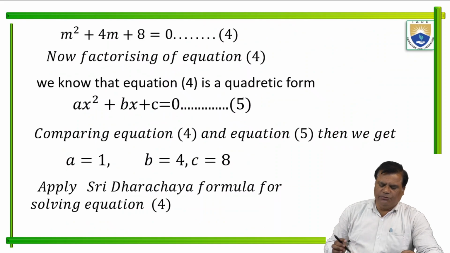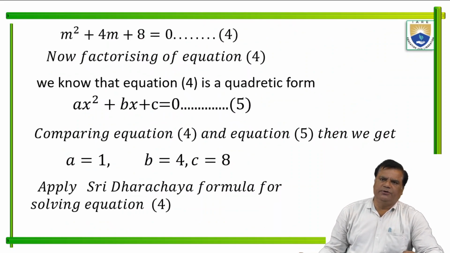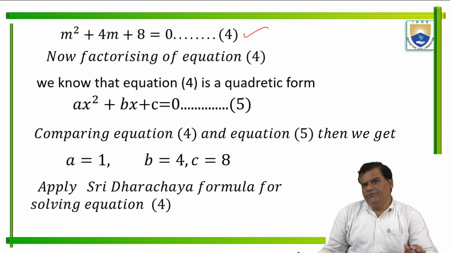What is the auxiliary equation? We get m square plus 4m plus 8 equal to 0. This is equation 4, the auxiliary equation of equation 1. In equation 1, first we take Q as 0, next we put D equal to m and remove y from the equation. Then we get the auxiliary equation.